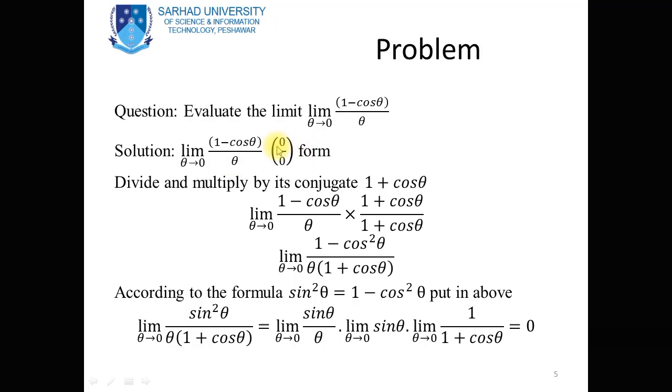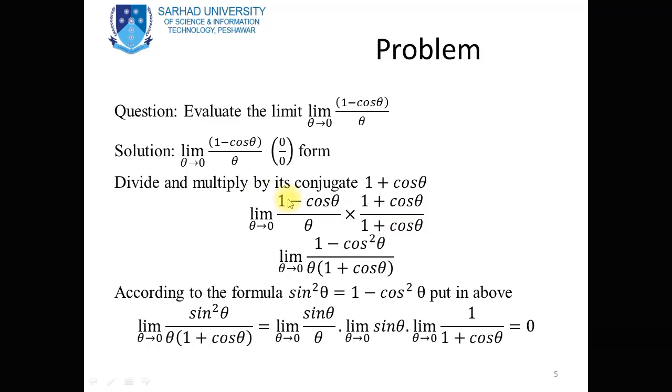Now to resolve this 0 by 0 form, first of all we multiply and divide, multiplying this expression by the conjugate 1 plus cos theta. 1 minus cos theta divided by theta, multiplying 1 plus cos theta divided by 1 plus cos theta.